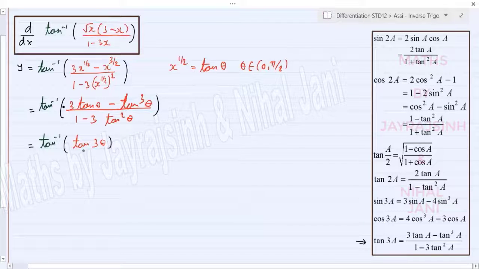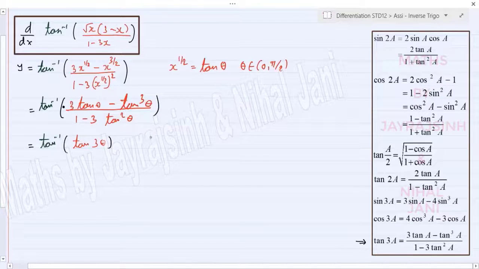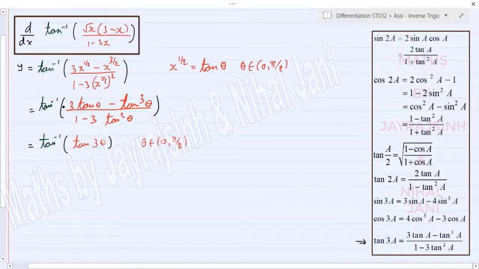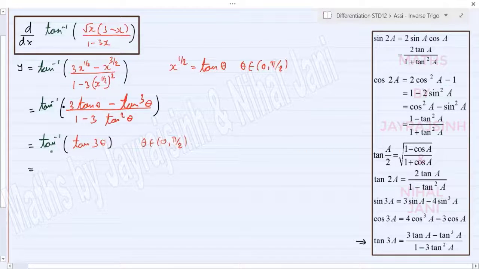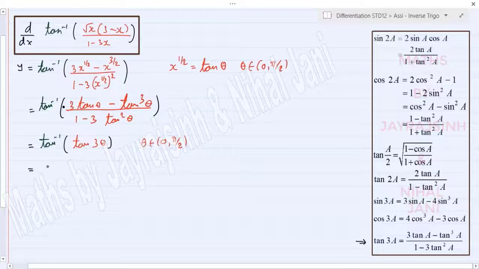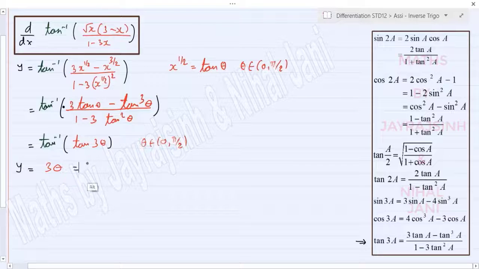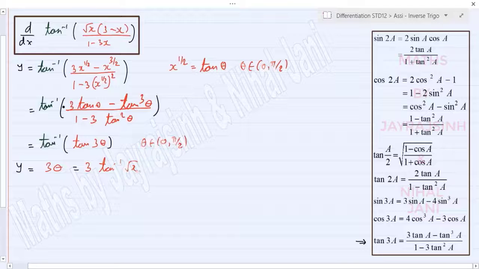So we get tan inverse of tan 3 theta, and our theta is already within 0 to pi by 2, which is in the range of tan. So we can cancel tan inverse and tan, and we'll get 3 theta as your y, or we can say we will get 3 tan inverse of root x.